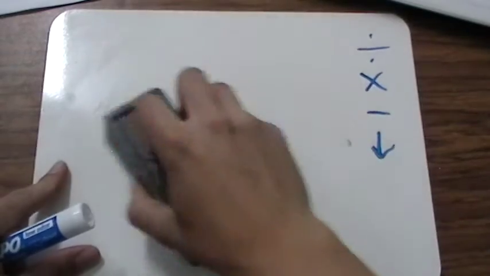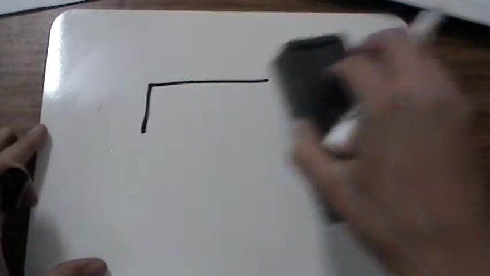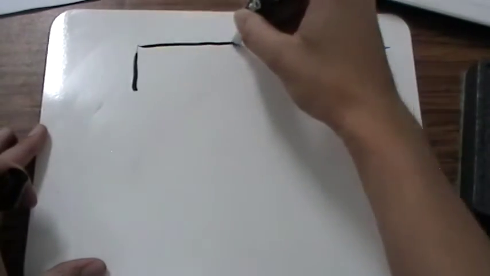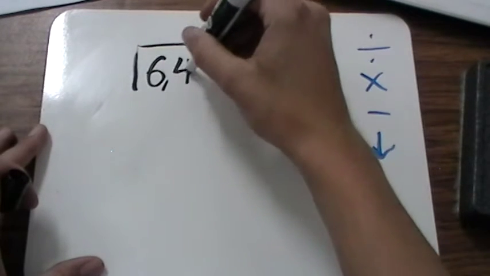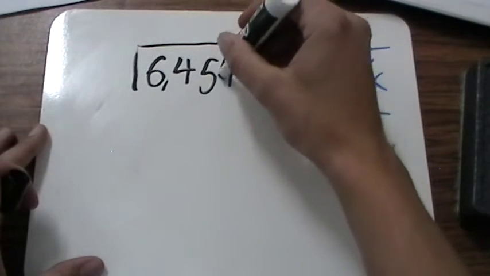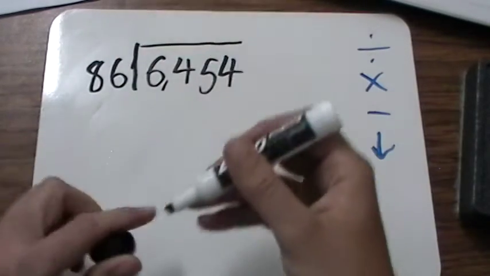All right, let's do that again. Use a little bit harder numbers, okay? What if I have, I'm actually going to draw it up here so I have a little bit more space. 6,454 divided by 86.